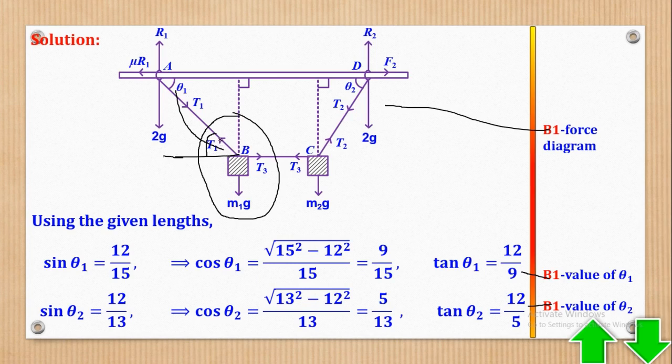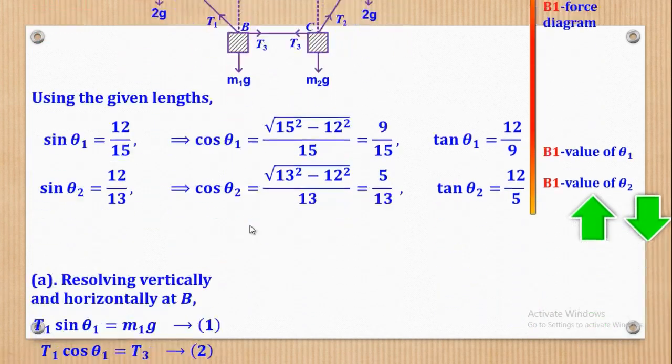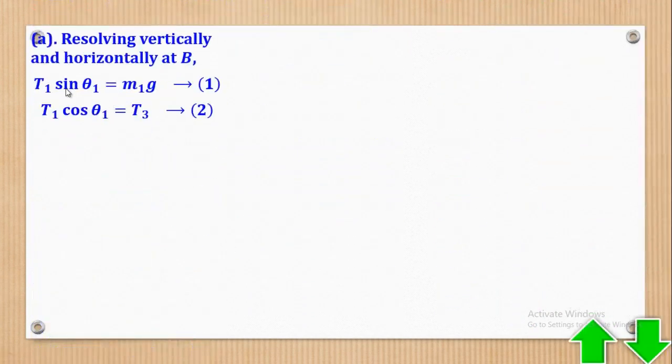So when I resolve horizontally, it will be T1 cos θ1 equal to T3. That is horizontally. What about vertically? Vertically it will be T1 sin θ1 equal to M1g. So that is where these values are coming from, equation 1 and equation 2.